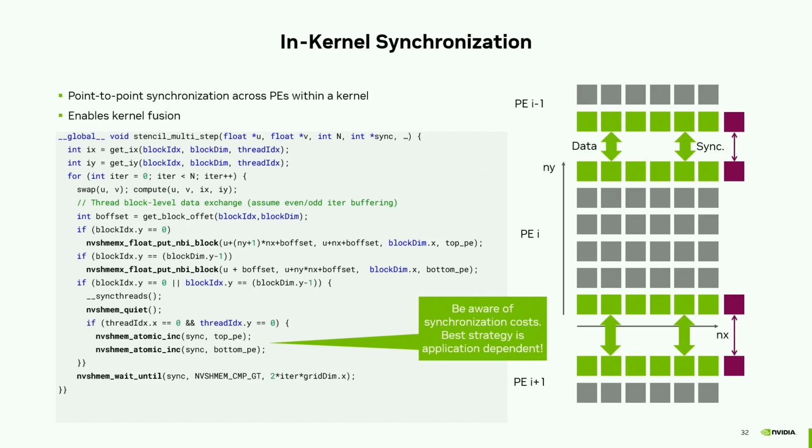This sometimes requires in-kernel synchronization, and that is also possible with device-initiated communication if you launch your kernel in the right way. So you can really move the whole iteration loop into your kernel. In this case, it's a relatively simple one. In your case, it's probably not so much the whole iteration loop, but rather two kernels that you no longer need to launch separately because they have communication in between, but things you can do together.